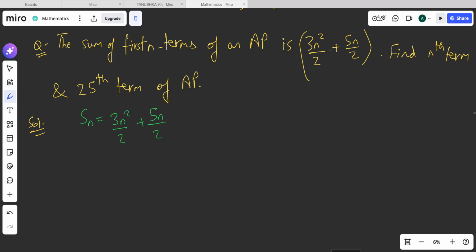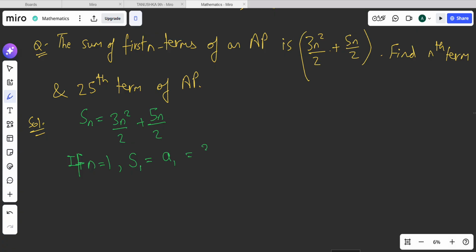If I substitute the value of n as 1, so if n equals 1, instead of Sn I will get S1. And what is S1 equal to? It is equal to A1, the first term of the AP.